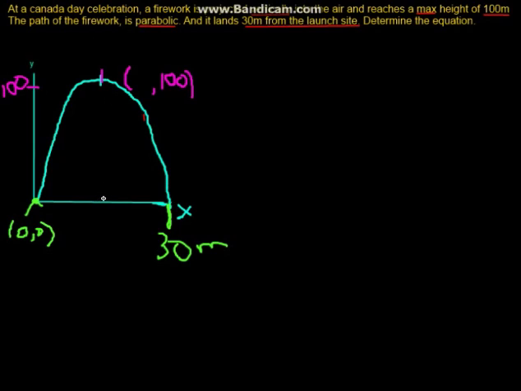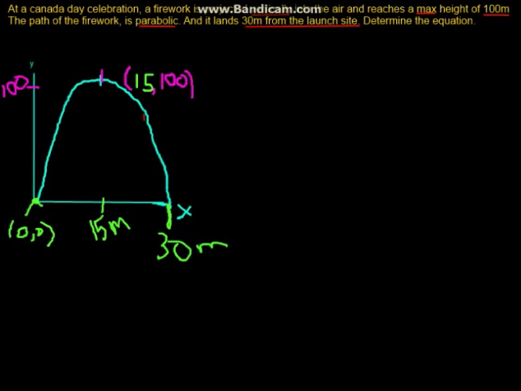So this here is 15 meters, and the coordinates of this point are 15, 100. If that made sense, you just divide by 2 to get the halfway point. So we have some stuff that we can work with here.